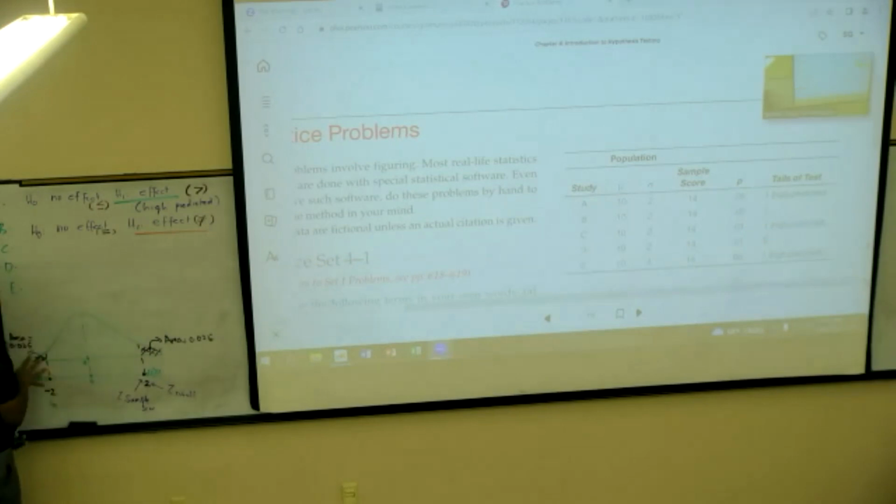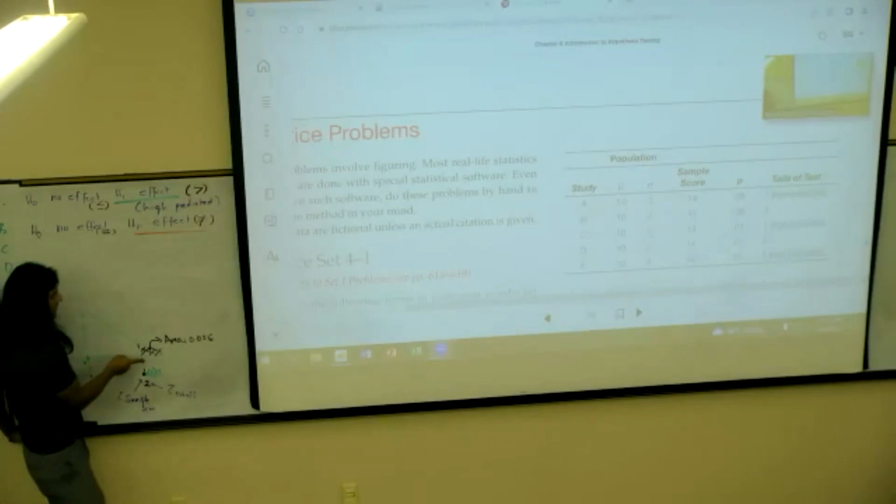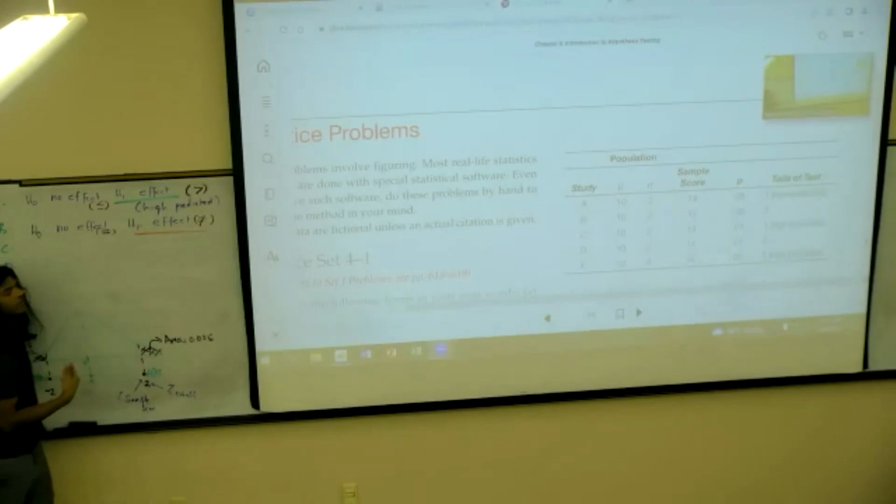Now, I did this part to show the connection between area and the rhythm of the line. This curve is the optional part. If you make the connection between the area and coming up with the cutoff, that's all we need in this class.